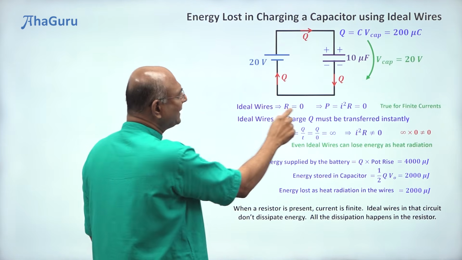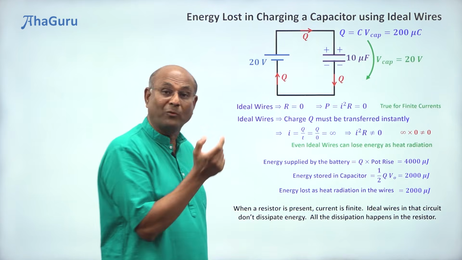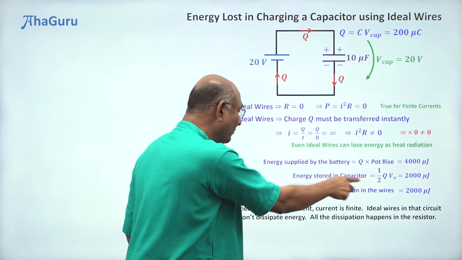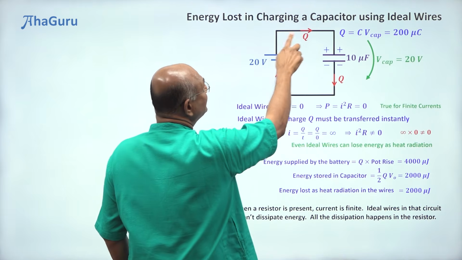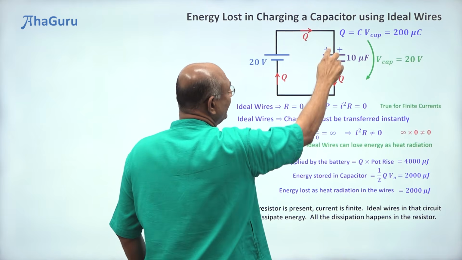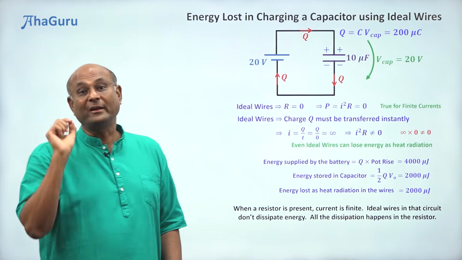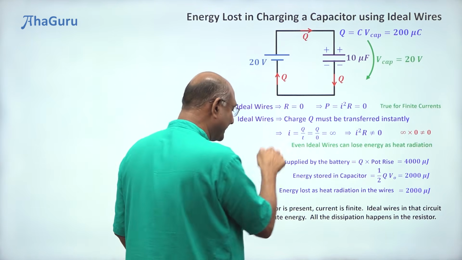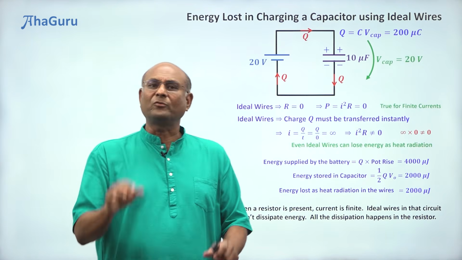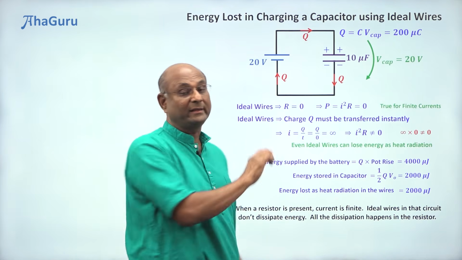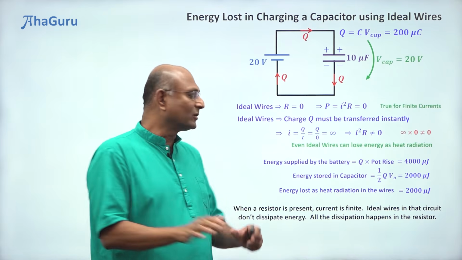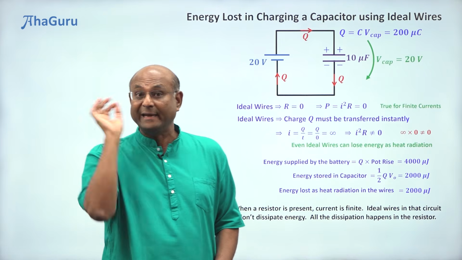The moment the current becomes finite, I square R for the wire will become 0 because R is 0 for an ideal wire. So if this part had a resistor, the remaining ideal wires will not dissipate energy. So all the dissipation will happen in the resistor. Whenever there is a circuit with a resistor, the energy is being dissipated in that resistor. You can ignore the dissipation that happens in the ideal wire.